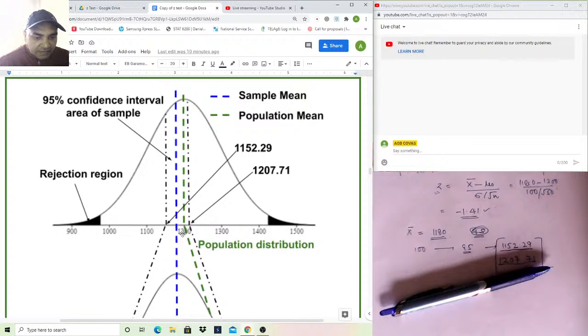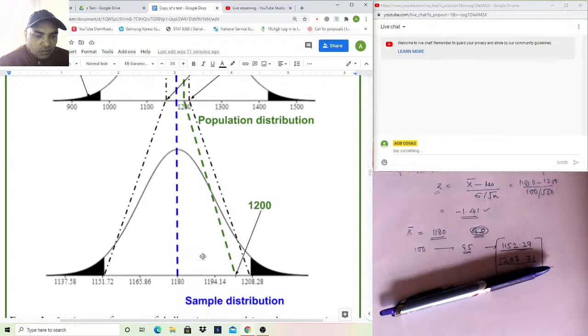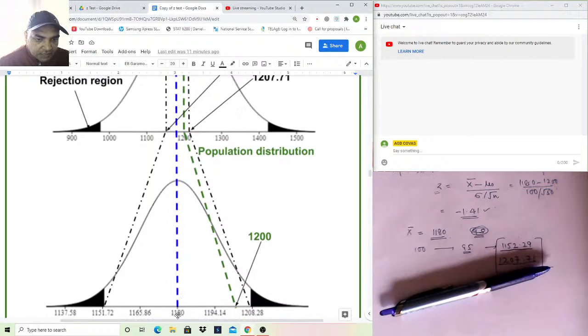Okay, it had 1200 as the population mean, and on either side you have different values. It was normally distributed. Now you have taken 50 samples out of it. In this sample, although your mean will be 1180, its confidence interval is from 1152.29 to 1207.71.